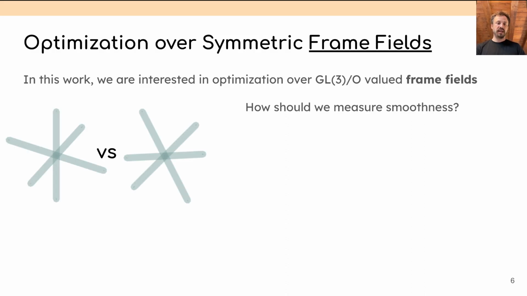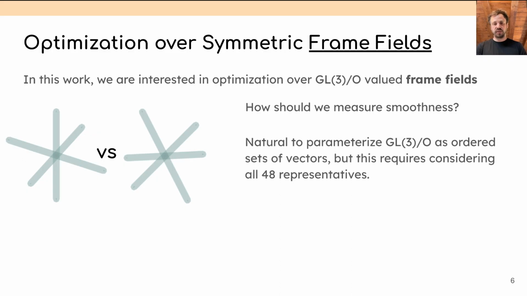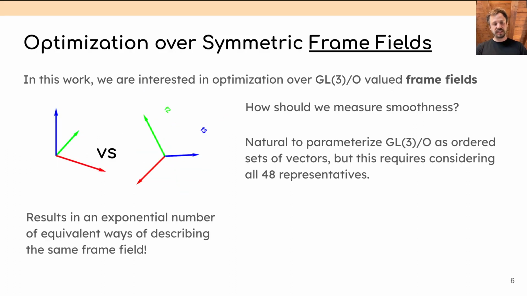And discretely, this involves coming up with a notion of how you compare two discrete elements of GL3 mod O. A natural first approach is to consider this representation of GL3 mod O using frames, but now our notion of smoothness requires considering all 48 different permutations for every pair of adjacent frames. And so this makes it quite difficult to use this representation in practice.